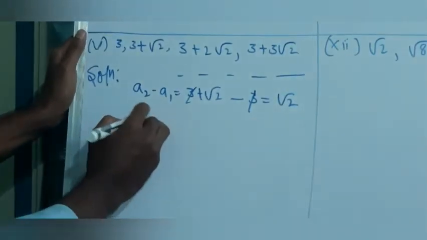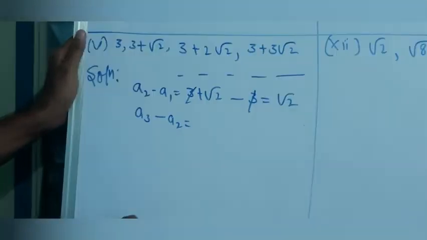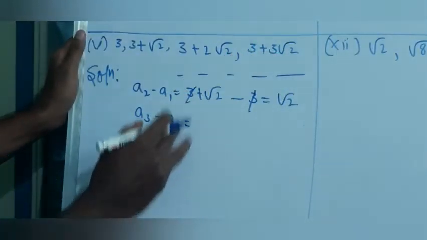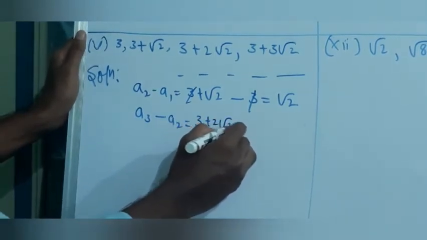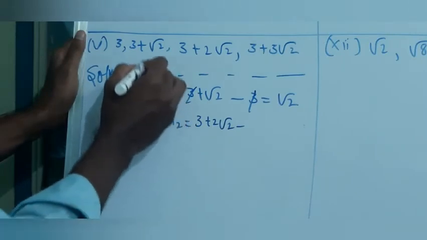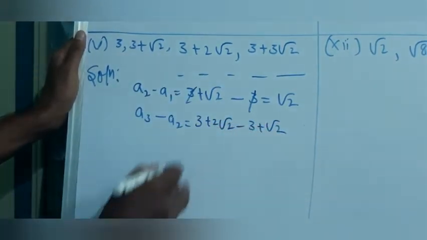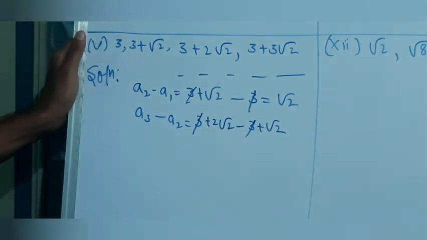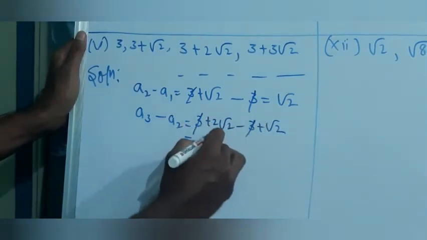Next, A3 minus A2 is equal to, what is A3 here? That is 3 plus 2 root 2 minus, what is A2 here? 3 plus root 2. Okay, this 3 will get cancelled. Now 2 root 2 minus root 2 is nothing but root 2.